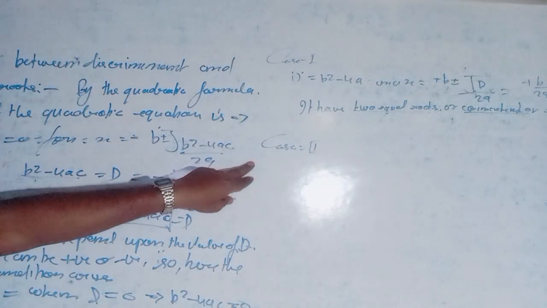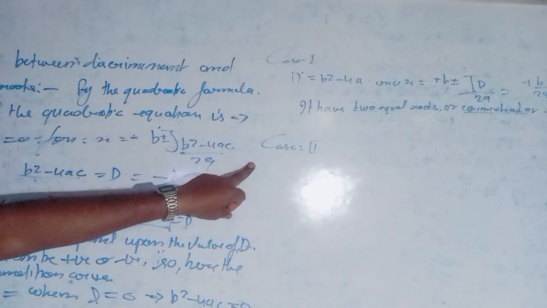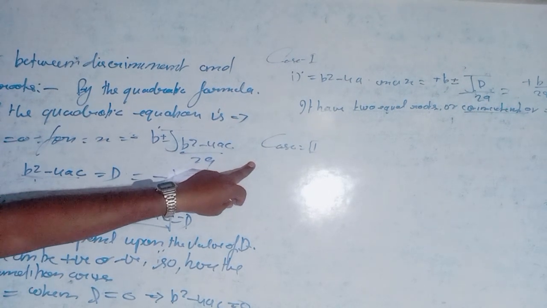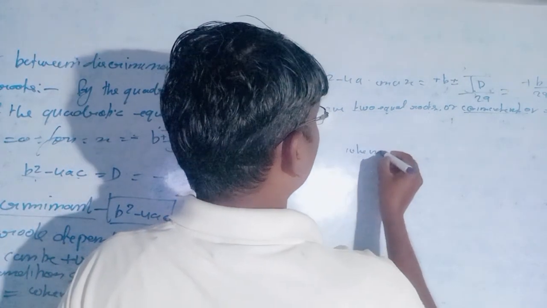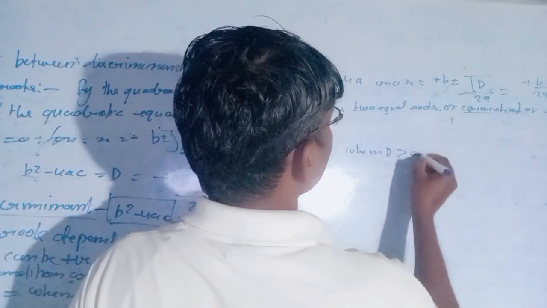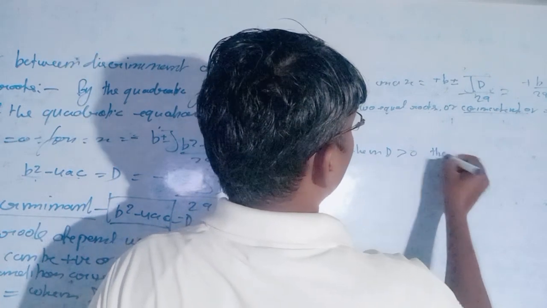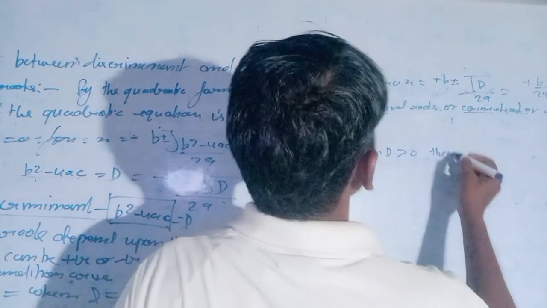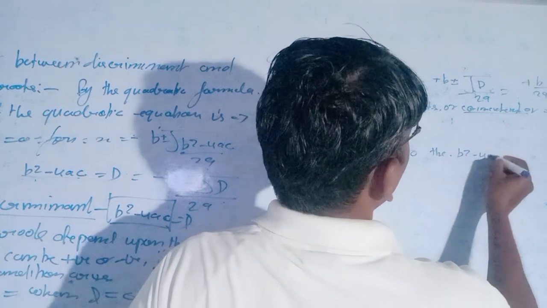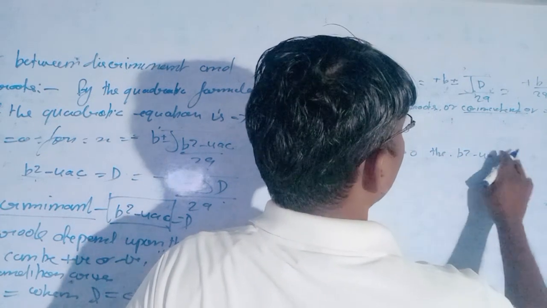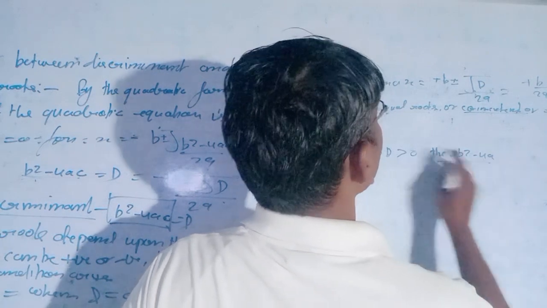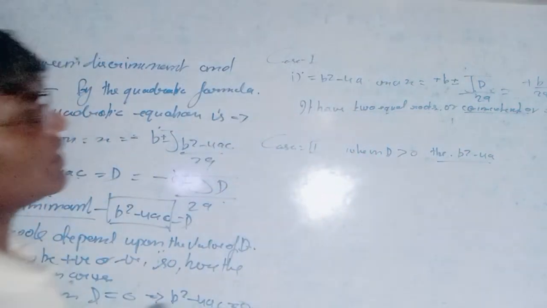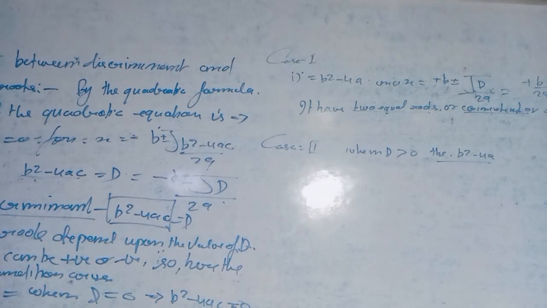So for the second case, what does it tell us? The second case tells us that when d is less than 0, then b square minus 4ac is negative, anything will be negative.